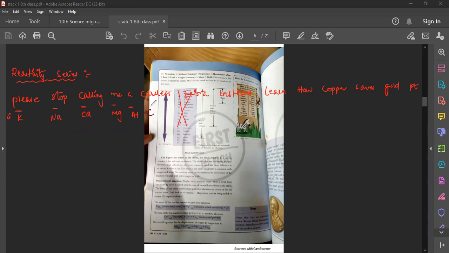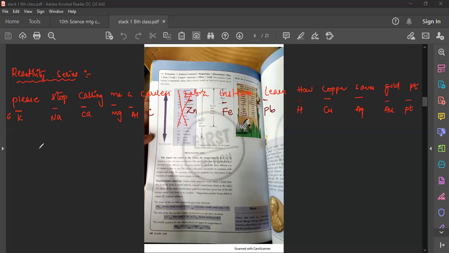C for carbon, Z for zinc, I for iron, L for lead. Here hydrogen, copper, silver, gold, and platinum. This is the complete reactivity series.